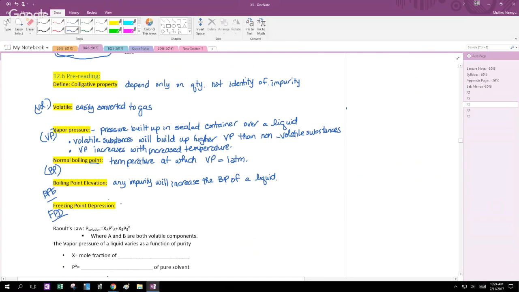And freezing point depression says any impurity will, give you a hint, it's depressing, decrease the freezing point or melting point. Freezing point and melting point are the same temperature.